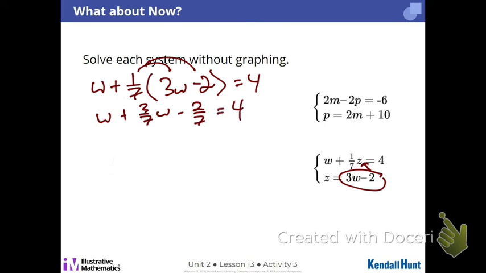I'm going to combine like terms. Instead of doing 1 3/7, I'm going to do 10/7. And instead of 4, I'm going to do 28/7. You'll see why. Next, I'm going to add 2 7s to both sides.